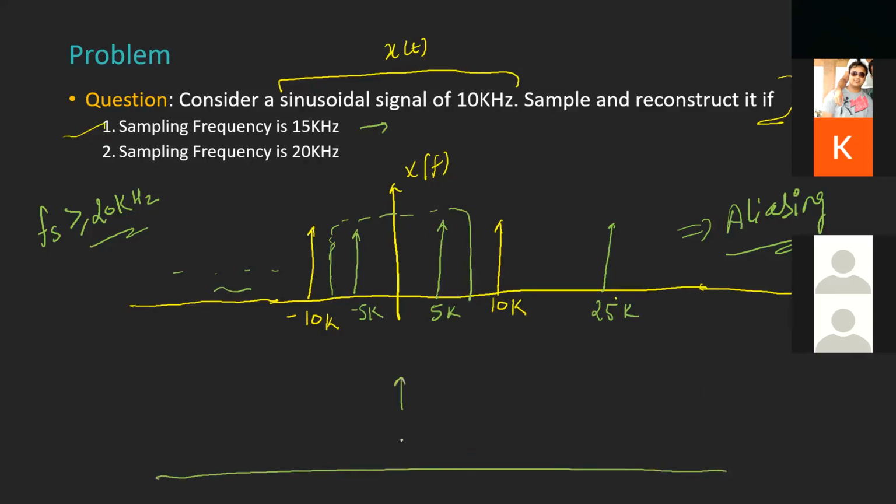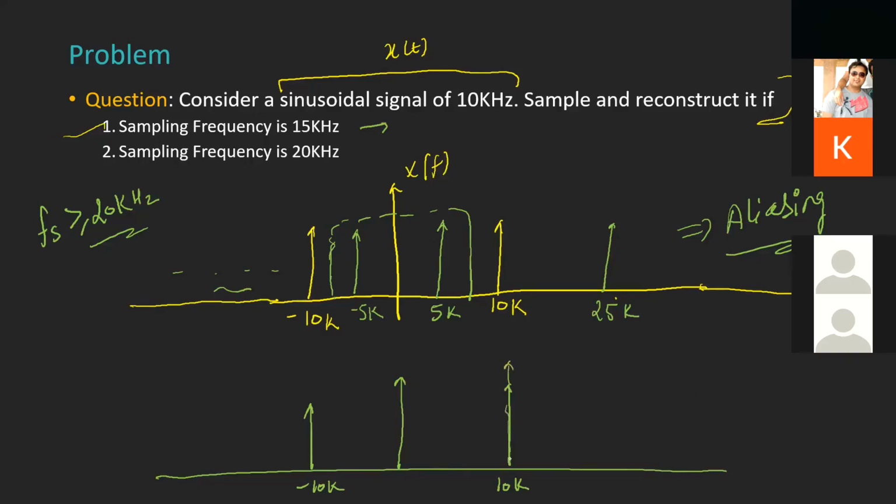Now let's go to the second case. Again, the original signal will be at ±10K, and after sampling there will be replica impulses at 20 - 10, 20 + 10, and so on.